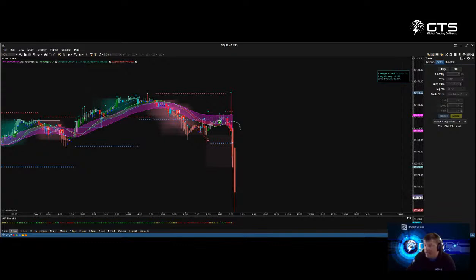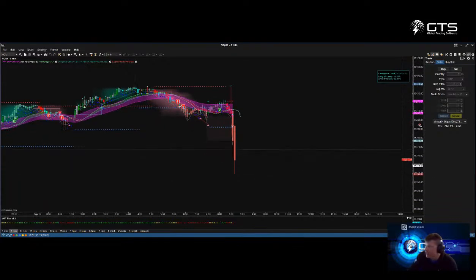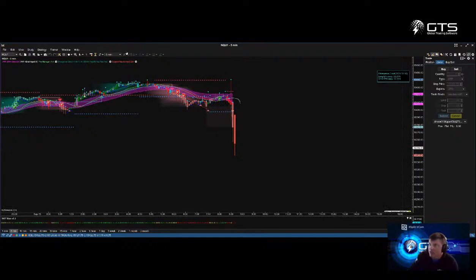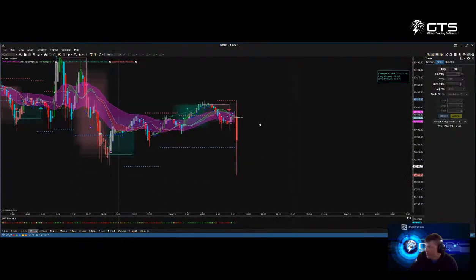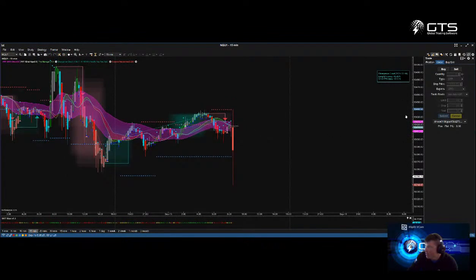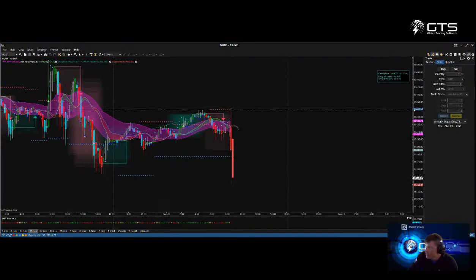So let's slip over here. Boom. This is what he's talking about right here. We'll go with the first 15 minutes here. Boom. Here we go, and we're almost there. So this is going to be the range right here.